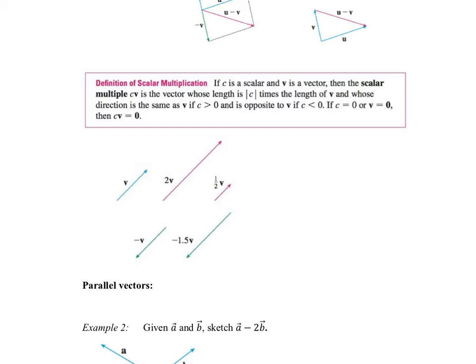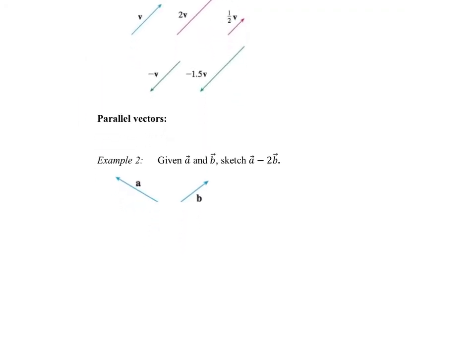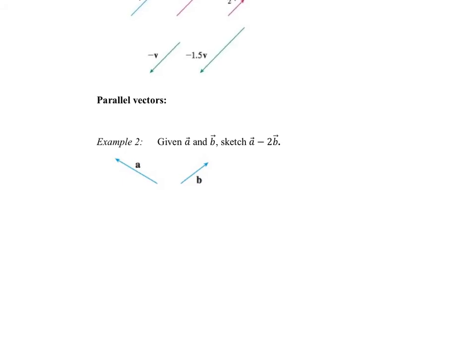So let's try example 2, and we're given a little picture for A and B, and we're going to sketch A minus 2B. So let's start with A. A looks like this, and then B would obviously be something like that. However, what we're going to do is -2B.